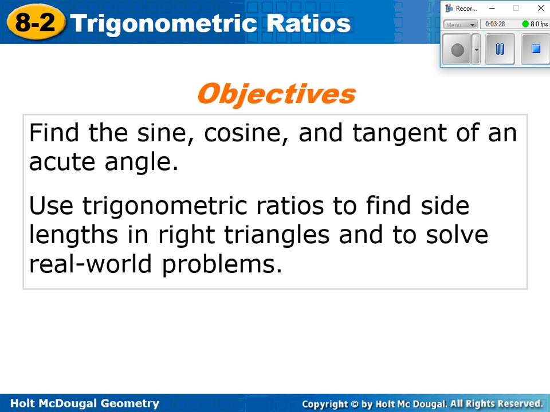Part of the hypotenuse times the other part of the hypotenuse. And then the second shortcut we learned was leg squared equals what? Whole hypotenuse. Very good. Times the part of the hypotenuse adjacent to the leg.